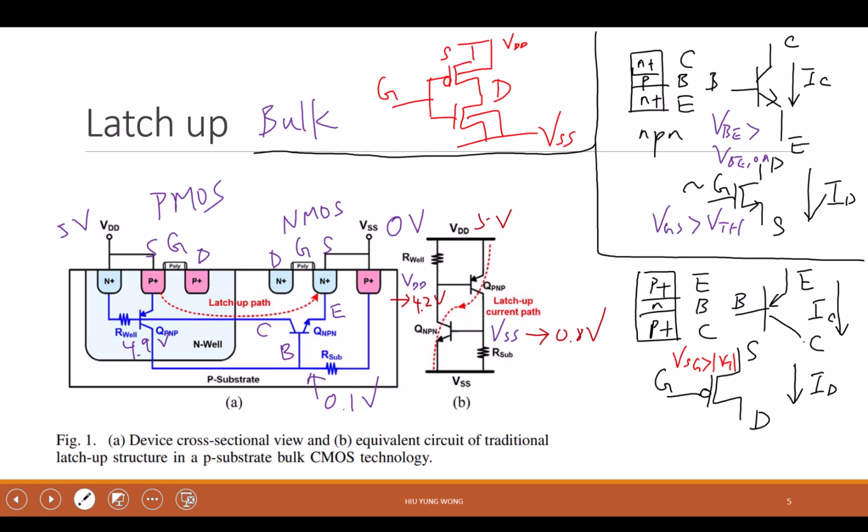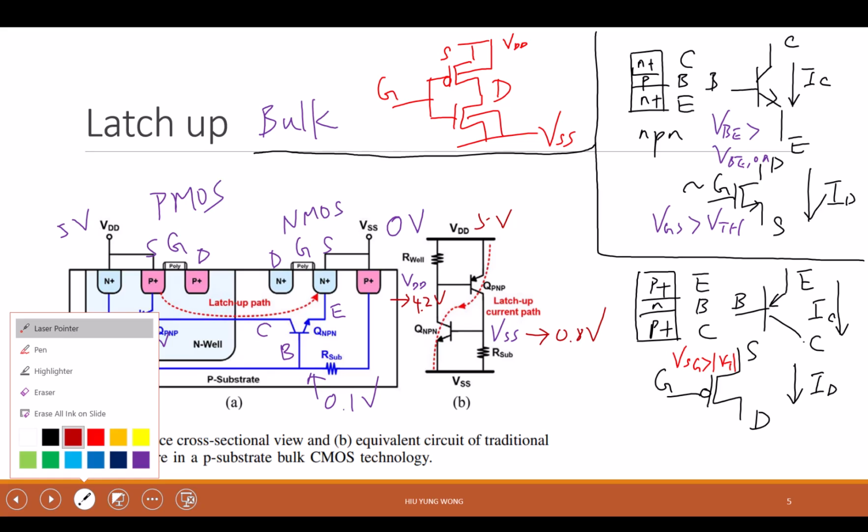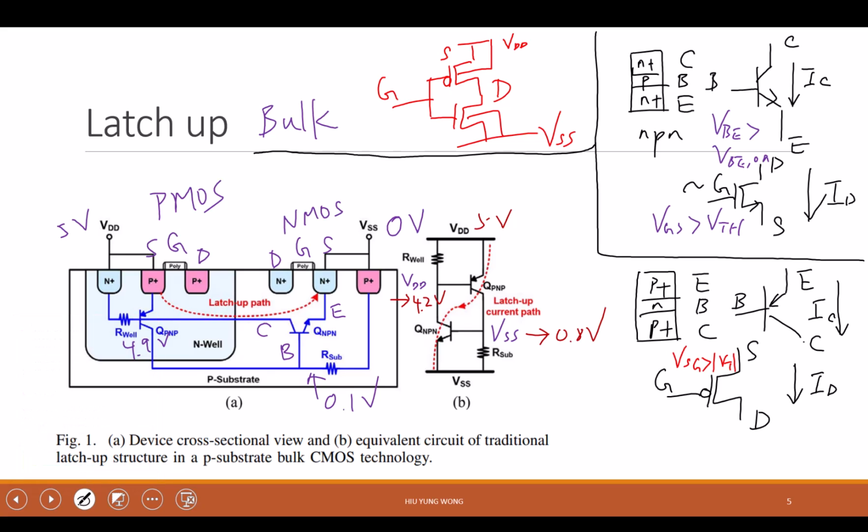So let me summarize what you need to know from this slide. It will be really useful, if you have not learned that before, to understand there's something called PNP and NPN transistor, bipolar transistor, similar to NMOS and PMOS, and understand their turn on, turn off mechanism.